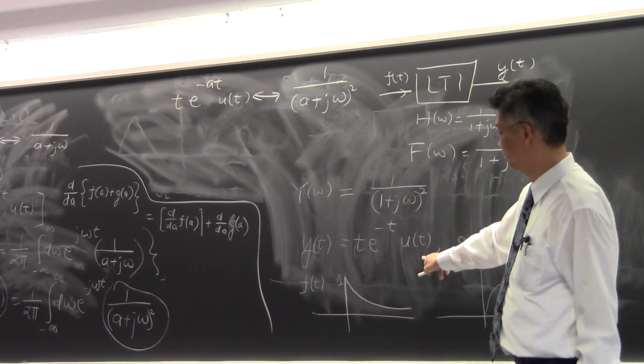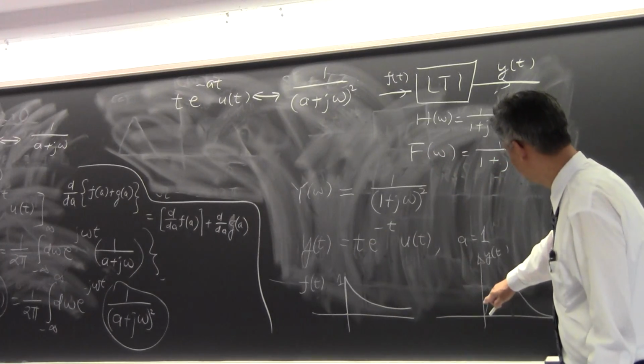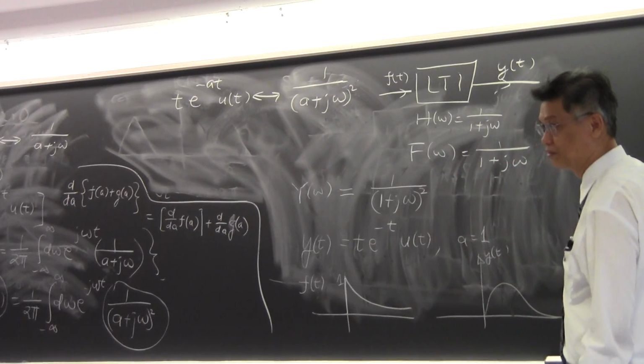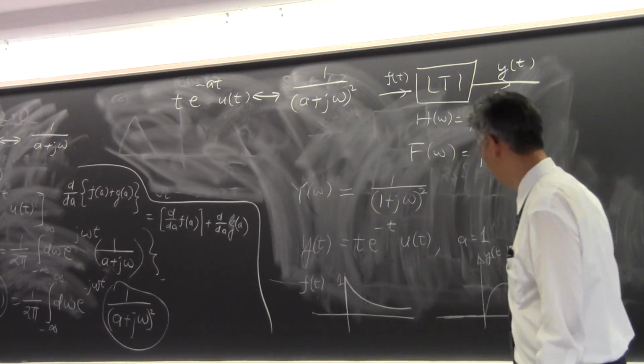If you plot this, it's 0 when t is equal to 0. It grows a little bit when t increases, but then it exponentially decays after a while. And they are all 0 for t less than 0.